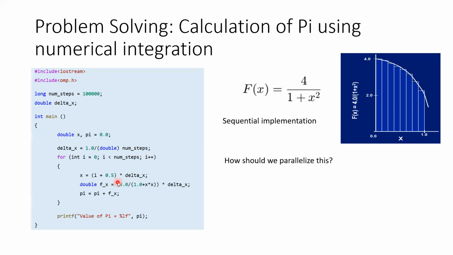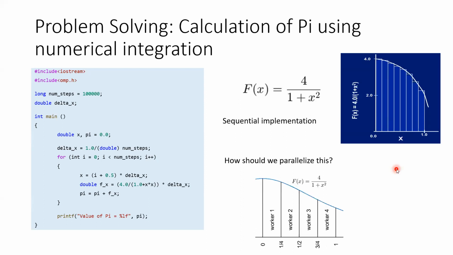And because sum is a commutative operation, if you have say 2 threads, half of the rectangles can be computed by thread 1, the other half by thread 2, and then finally you add the two areas to find the final pi. So you compute partial pi1 and pi2 and then finally add. That is one approach of multi-threading.